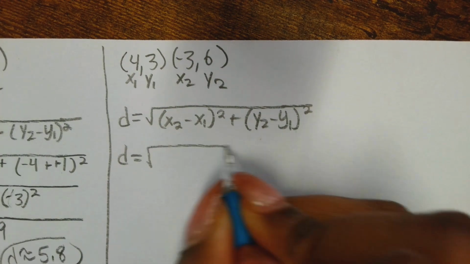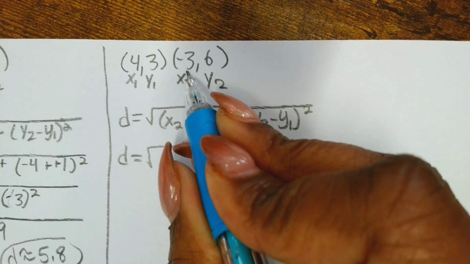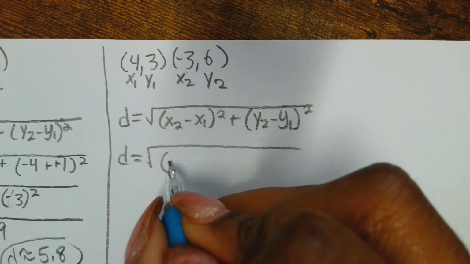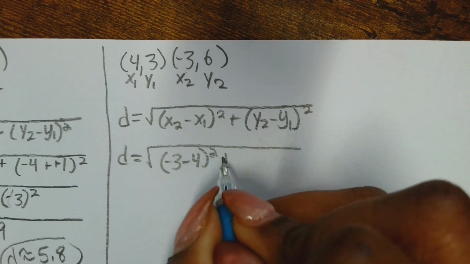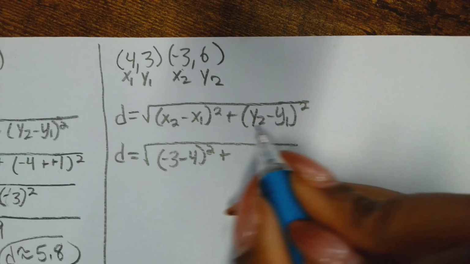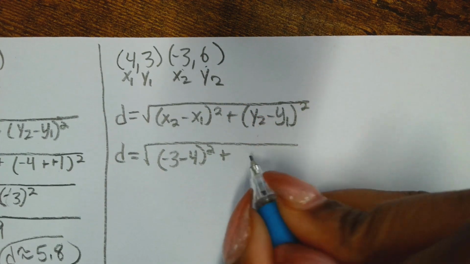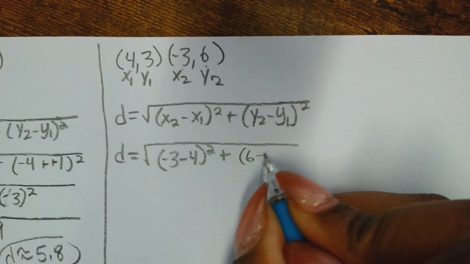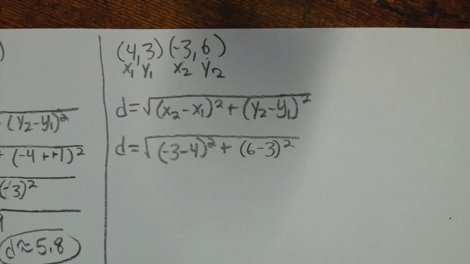Square root. In the first parentheses, we got negative 3 minus 4, square it. Plus, the second parentheses, we got 6 minus 3, square it. Questions about substituting? Okay, are you okay?